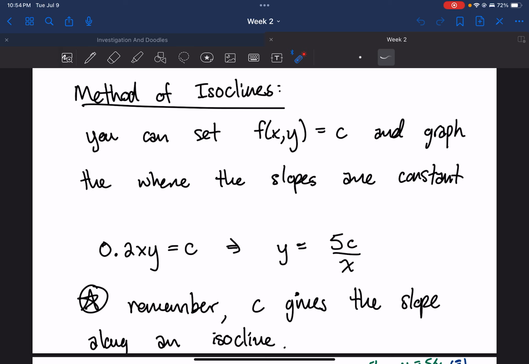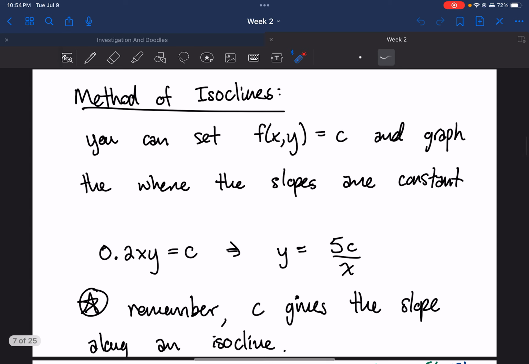So let's take the same example from before. If you remember the example from above, it was dy dx equals 0.2xy. That was our differential equation. And we're going to set 0.2xy equal to a constant. Now, we can solve this equation for y.